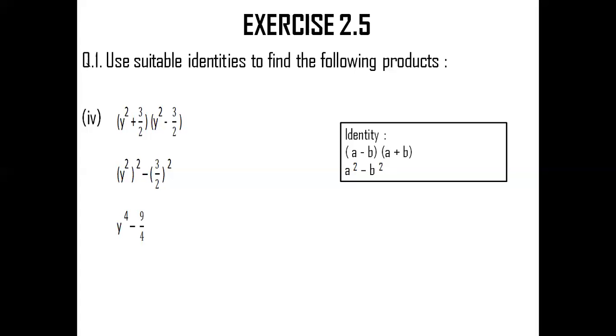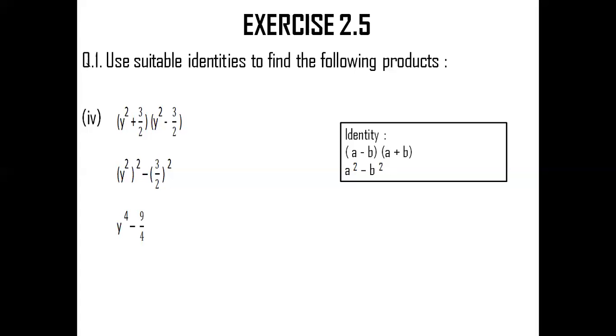So when you have both the terms the same and the difference is only the sign, which identity? Yes, (a + b)(a - b) is equal to a squared minus b squared. So what will a be replaced by? a will be replaced by y squared and b will be replaced by 3 by 2.